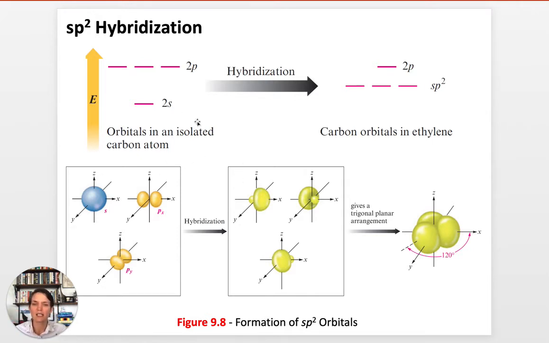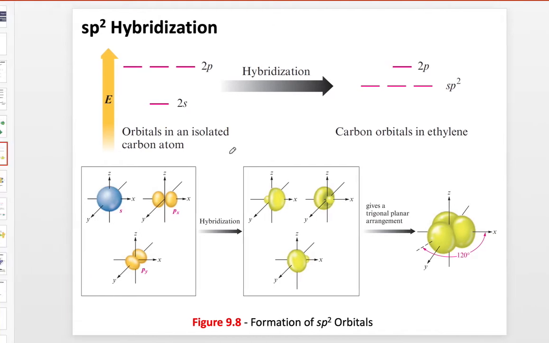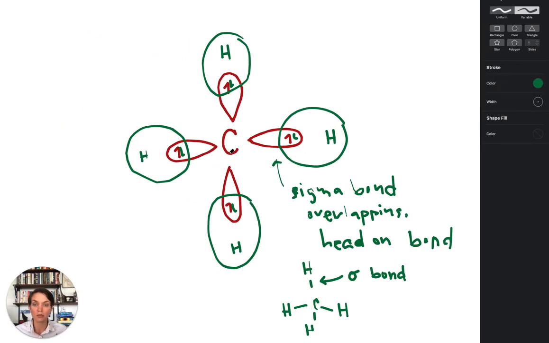So notice this is for ethylene, which we'll draw in a second, and we have this hybridization of these orbitals to form 3 degenerate, right, equal in energy level, sp2 orbitals. These are going to be used for creating those sigma bonds. And then we have 1 2p orbital. So let's go ahead and start with the Lewis structure, because for all of these, you're going to be starting with the Lewis structure.